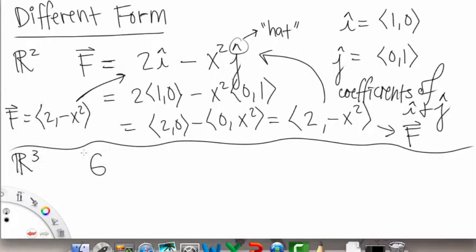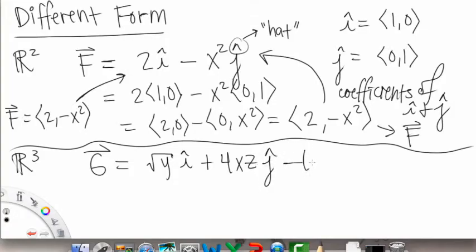So now we have a vector field G equals, let's say they give it to you like this, y times square root of y times i hat plus 4xz times j hat minus 6y k hat. So in this case, we have three standard vectors, or standard basis vectors.